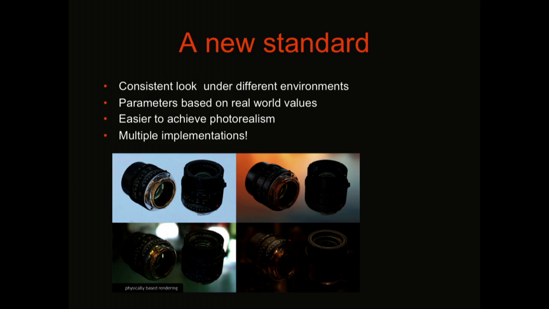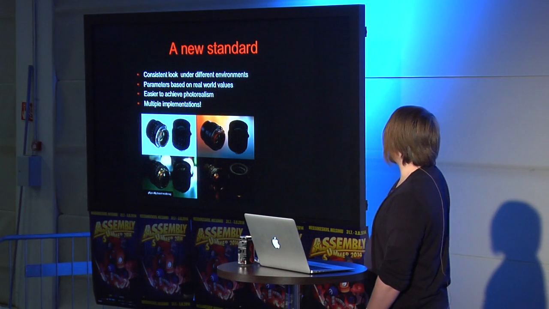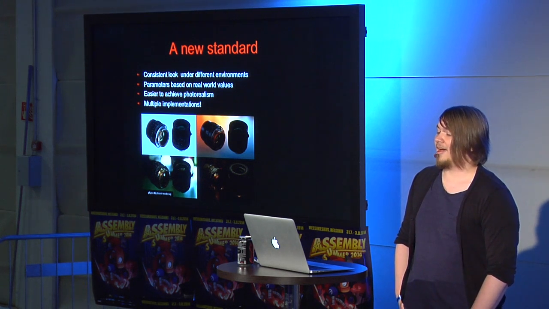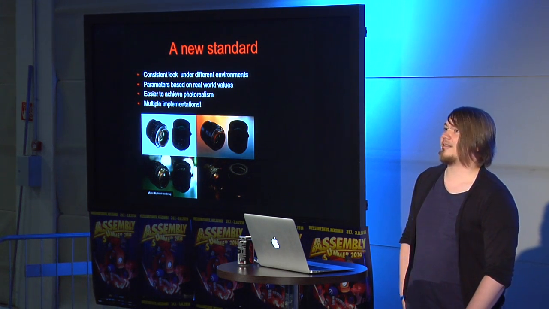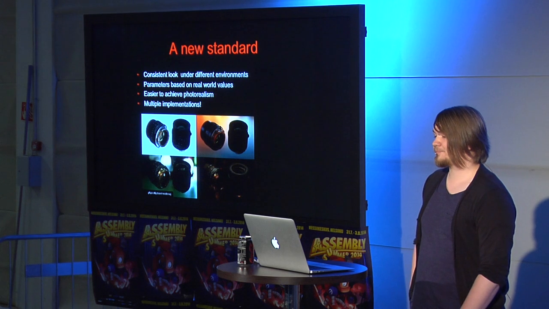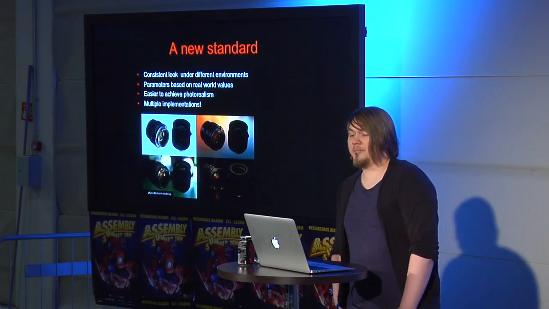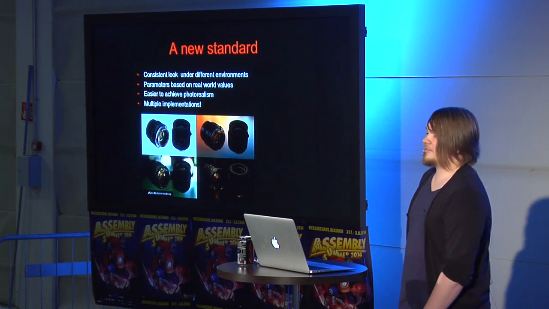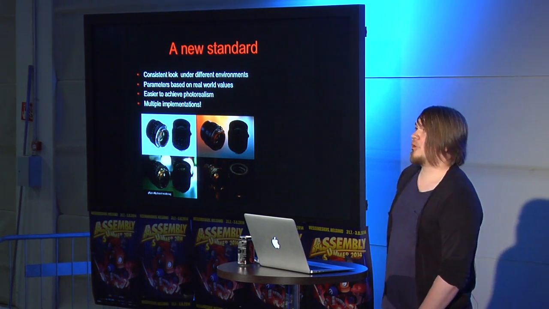As you can see, you can almost see the camera lenses lit in 4 different environments, and the materials react as they would in the real world. The parameters are also based on real-world values, so it's easier for artists to understand what they are working with, since it's something you can actually measure or calculate from the real world. With these two things combined, it's easier to achieve photorealistic results.